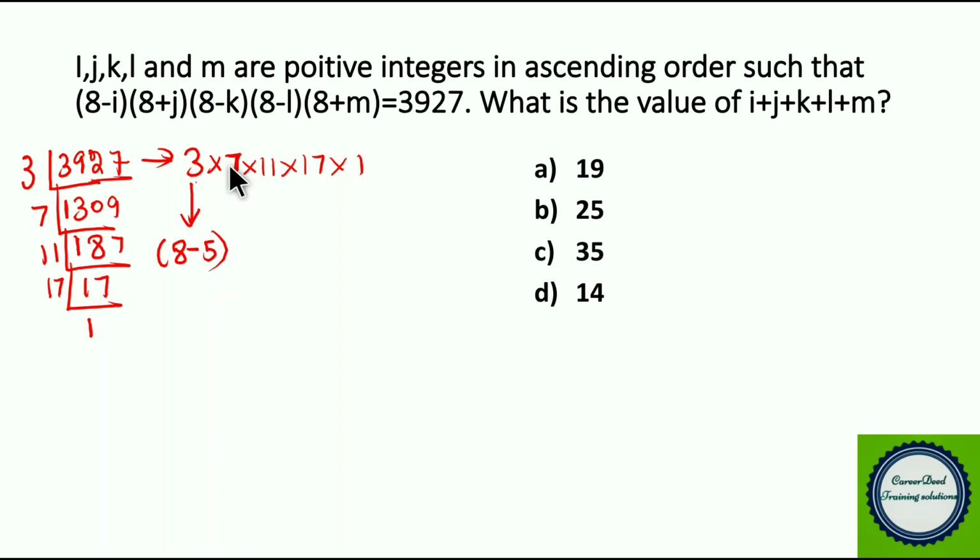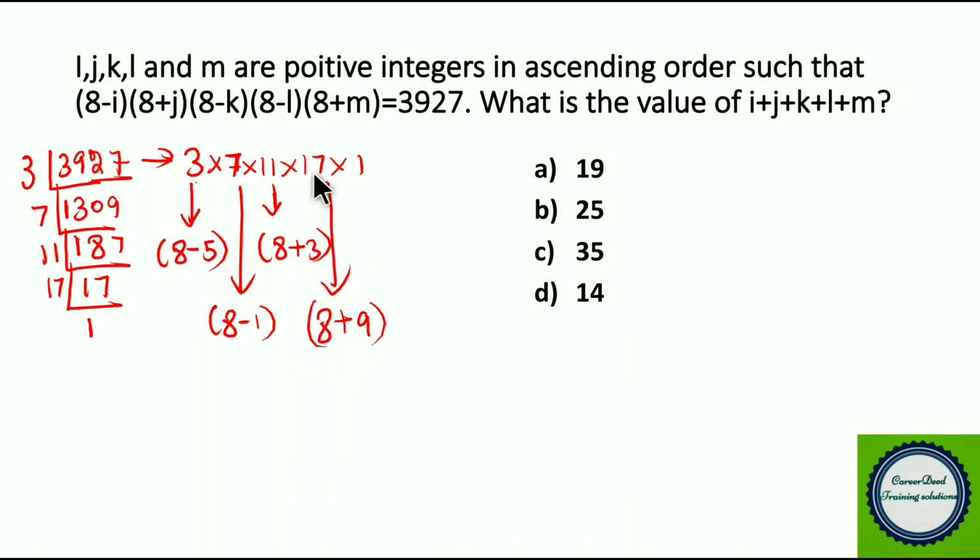And here you have a 7, so here you have to subtract 1 from 8, then only you will get a 7. And with 8 you have to add a 3, so that you will get 11. And 8 plus 9 you get 17, and here it will be 8 minus 7, you will get 1, right?